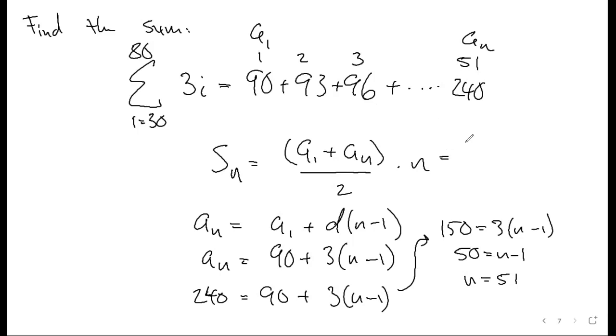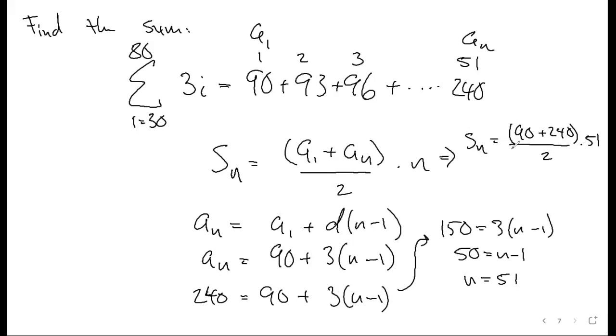And so plugging everything in now, this is telling me S sub n is (90 plus 240) over 2 times 51. And you plug that into your calculator. Let's see, I'll race you. I got 8,415.